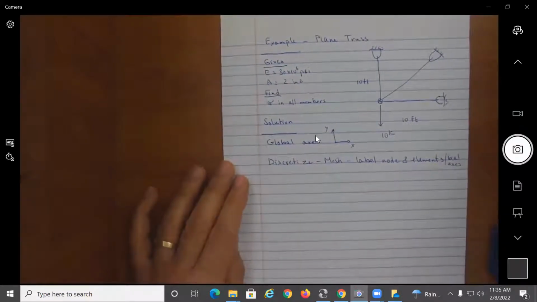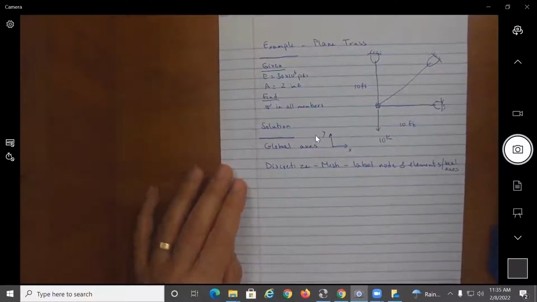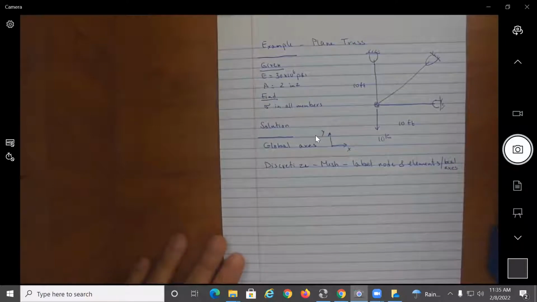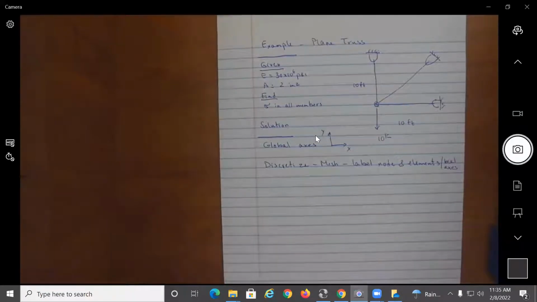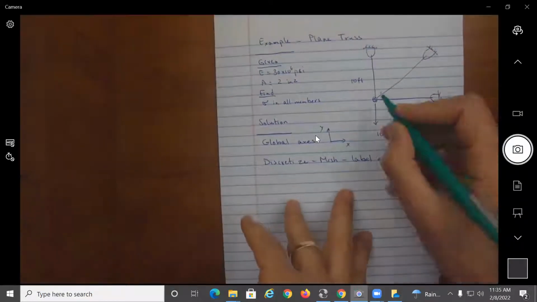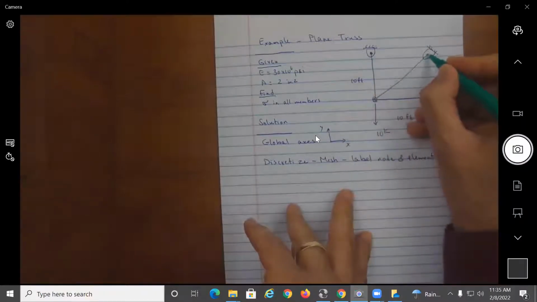So I'm going to come here and look at my structure. And I also want to plan ahead. When we solve equations and apply boundary conditions, usually we were able to cancel or delete the rows and columns corresponding to a restraint. So I look, here is a restraint, here is a restraint, here is a restraint. So these are my nodes, clearly.